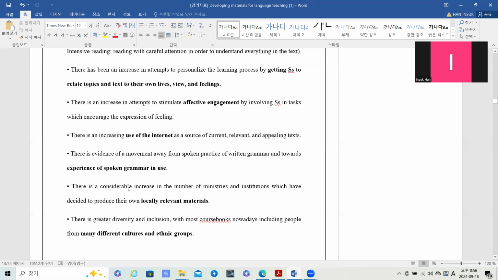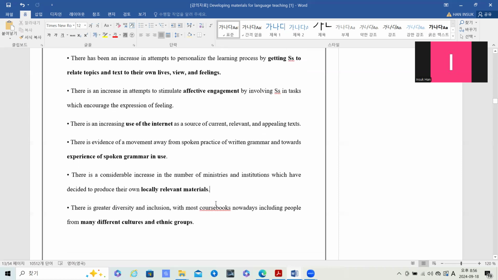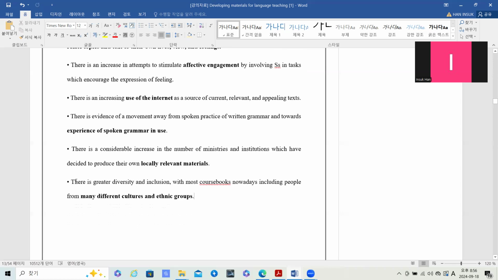There is a considerable increase in the number of ministries and institutes which have decided to produce their own locally relevant materials. And lastly, there is a greater diversity and inclusion. Most course books nowadays include people from many different cultures and ethnic groups.